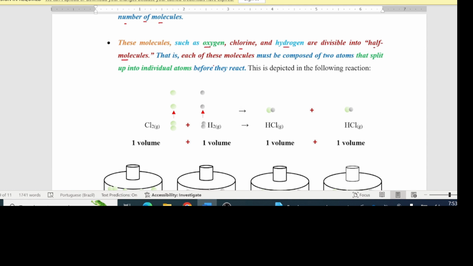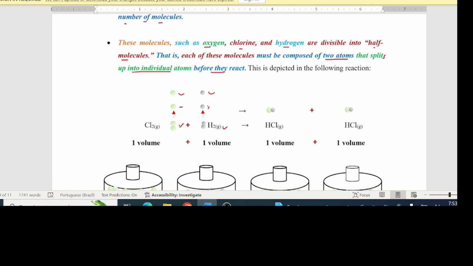That is, each of these molecules is composed of two atoms that split up into individual atoms before they react. So this chlorine molecule has two atoms, and this hydrogen molecule has two atoms. Before they react, they must split up like that. So you get two atoms.